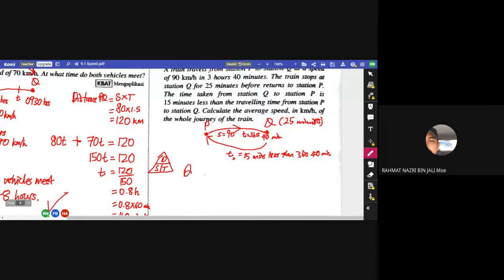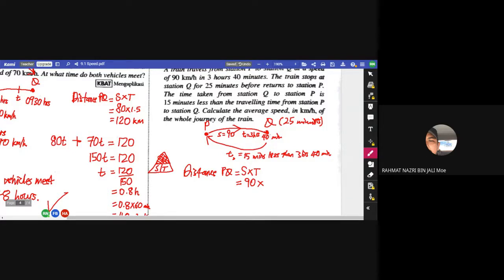The distance PQ we can find out from its speed and its time. When we cover D, we get the formula for the distance, speed multiplied by time. Speed from P to Q multiplied by the time from station P to Q. So 90 multiplied by the time, 3 hours and 40 minutes.